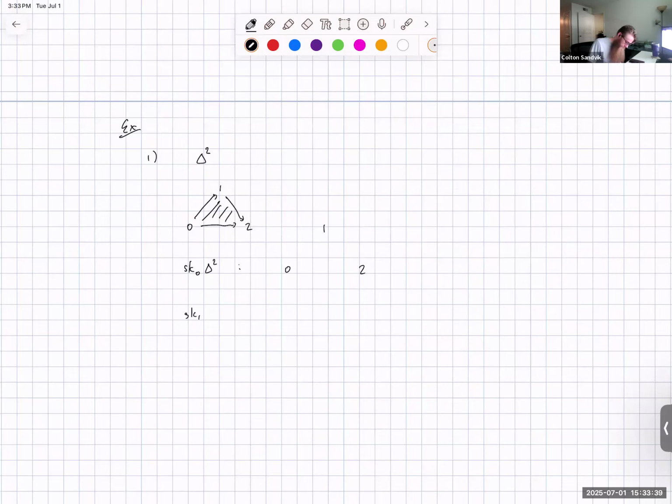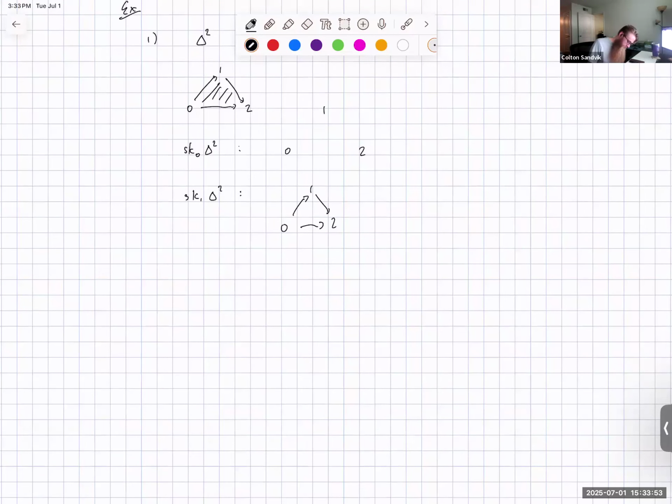And the one skeleton is everything except the two face. So it looks like 0, 1, 2. And then when we take the two skeleton, we get back to where we started. Likewise for all the higher ones.